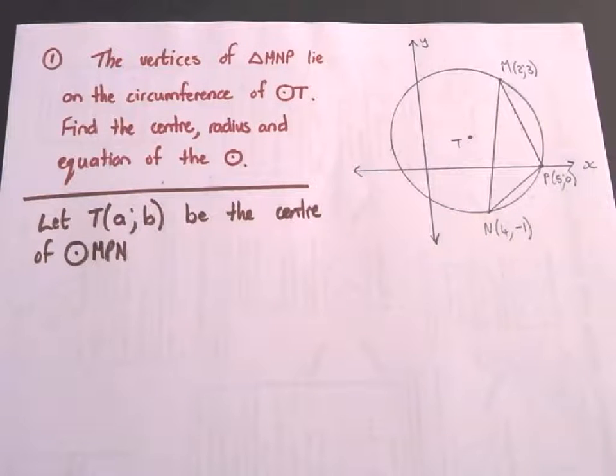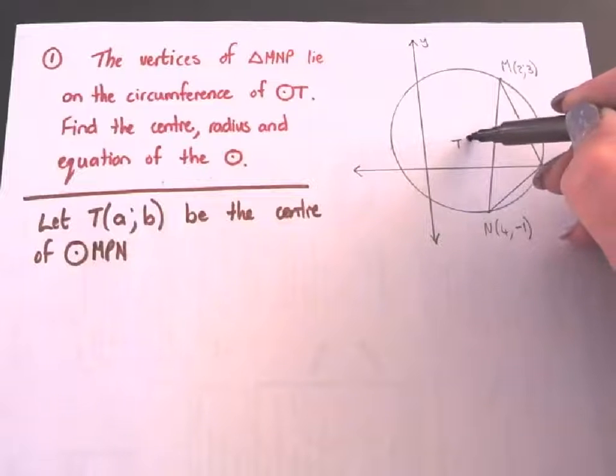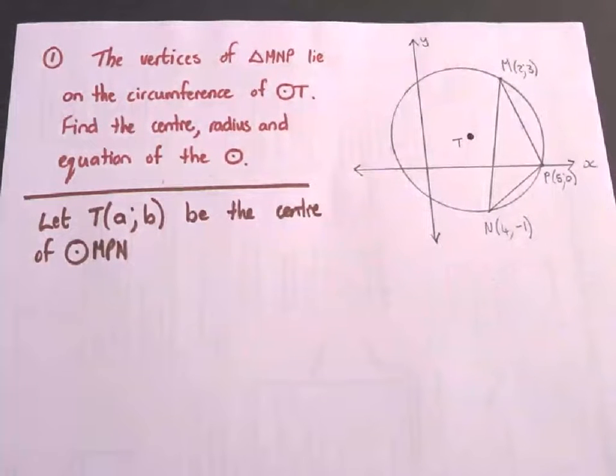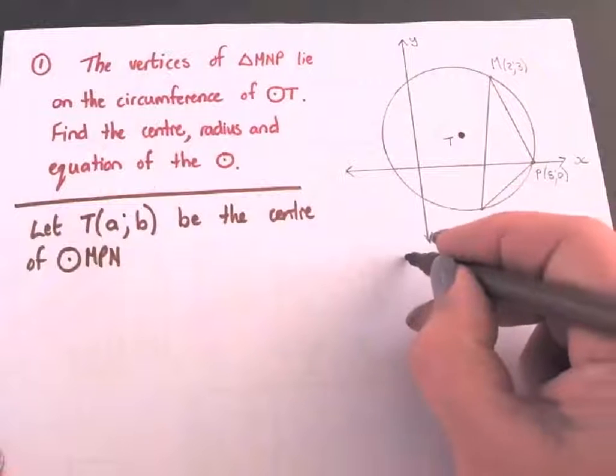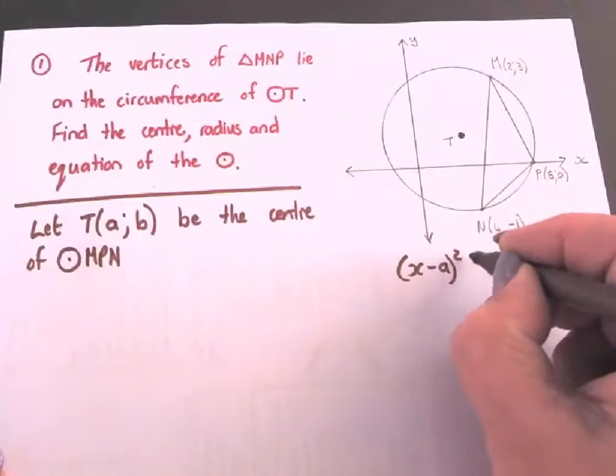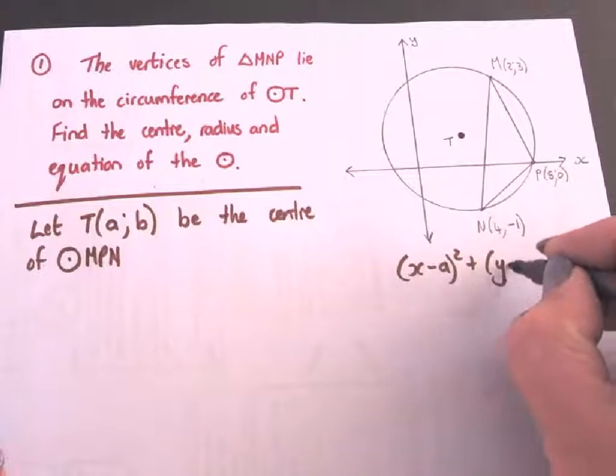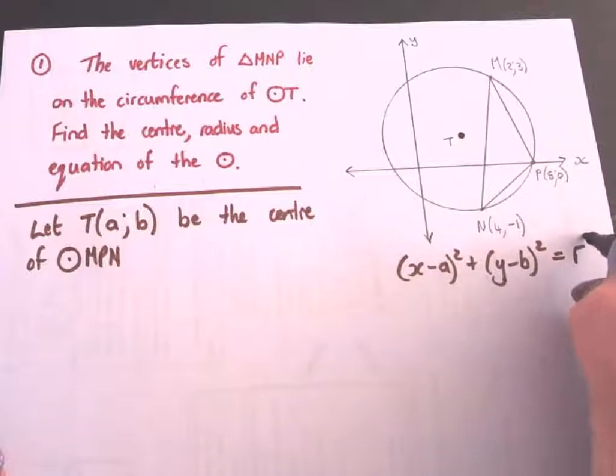Now, how do you think we will get the coordinates of T? We can use the x minus a squared plus y. Yes, we're going to use the equation of a circle. I'm going to write it here. X minus a squared plus y minus b squared equals r squared.